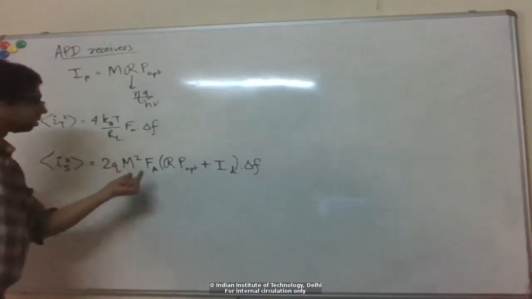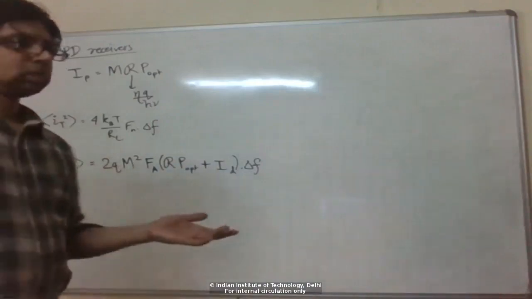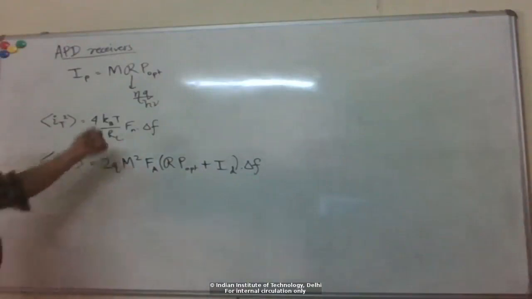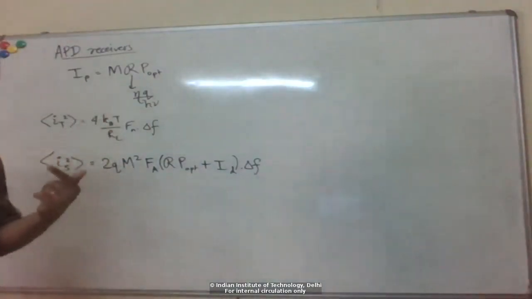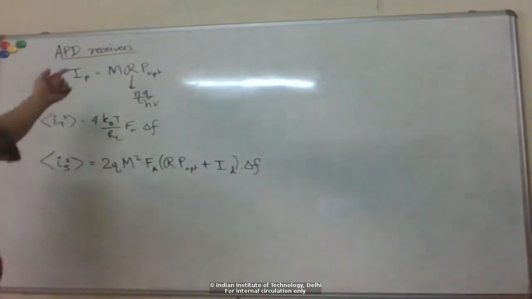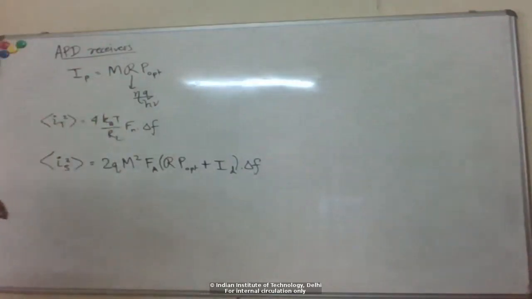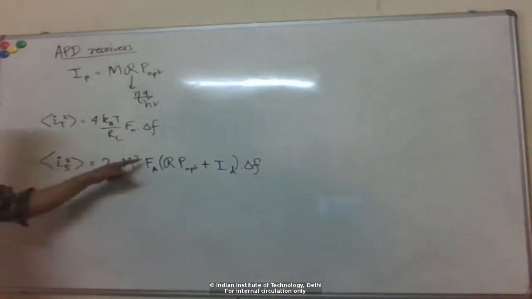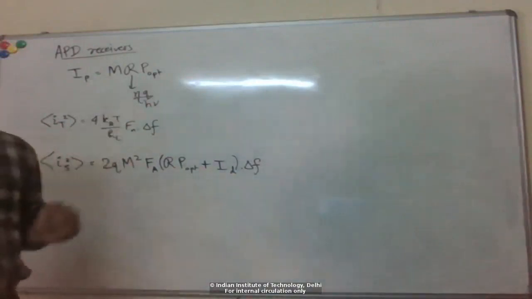Okay. So you can think of it as the fluctuations also getting enhanced by a factor of m, which means that the variance, or mean of i_s square, gets enhanced by m square.